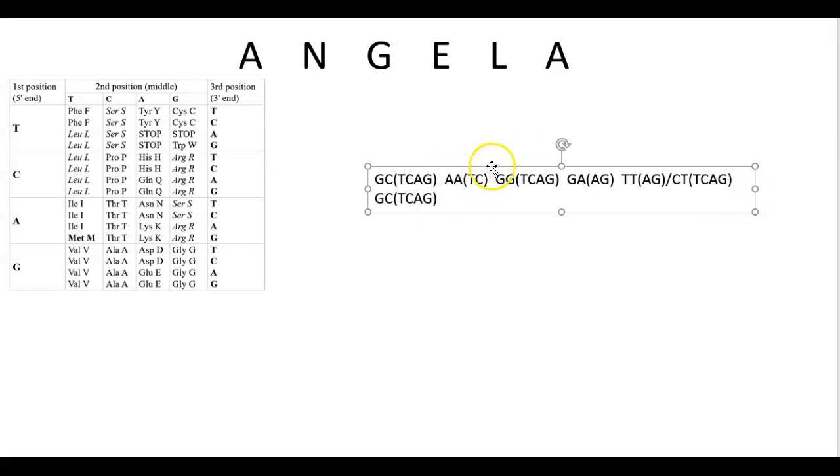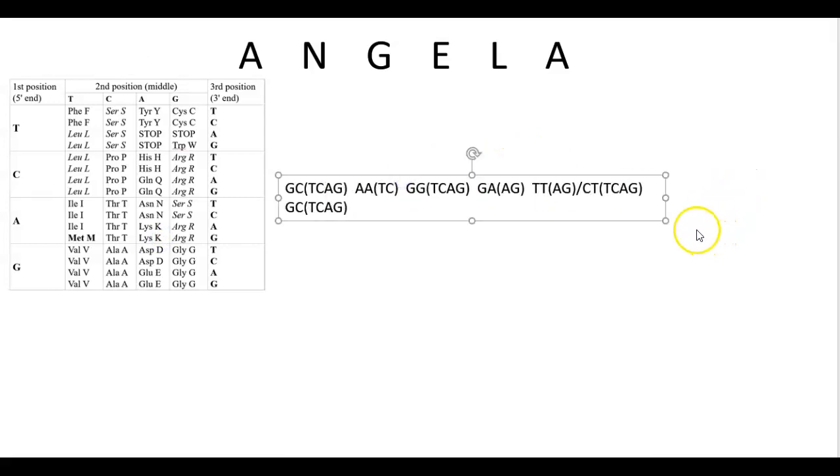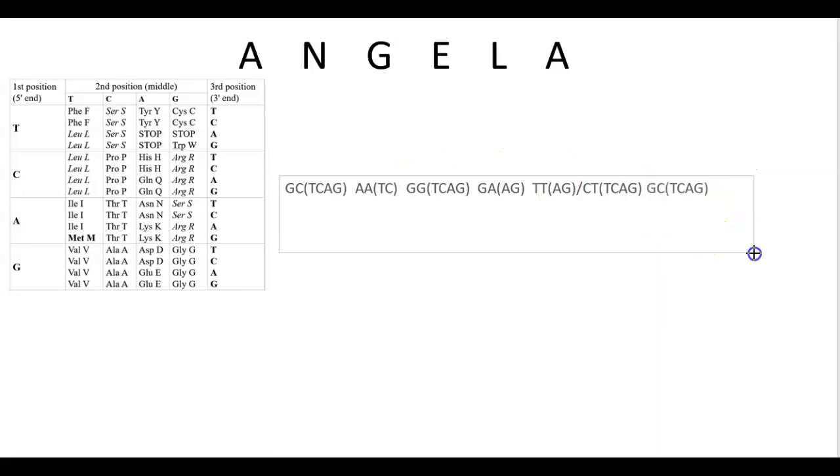Now, of course, we would probably also indicate that the protein stops after this sequence, and we would put in a stop codon. And this stop codon, we can check where we find a stop codon. So we've got 3 stop codons possible.